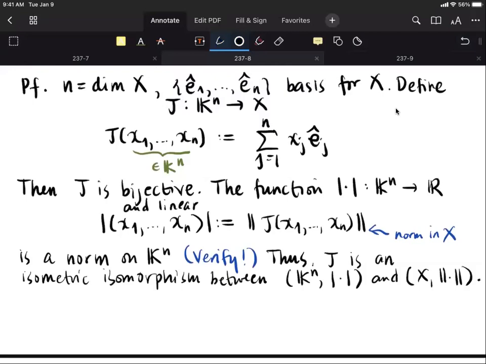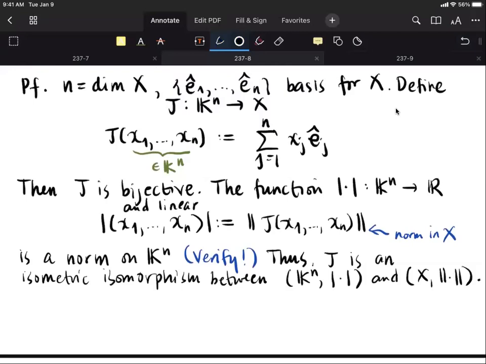Isometry is basically by this definition of your norm in K^n. So automatically, J would be isometric with respect to these norms in K^n and in X. It is an isomorphism, yes, because it is linear and bijective.